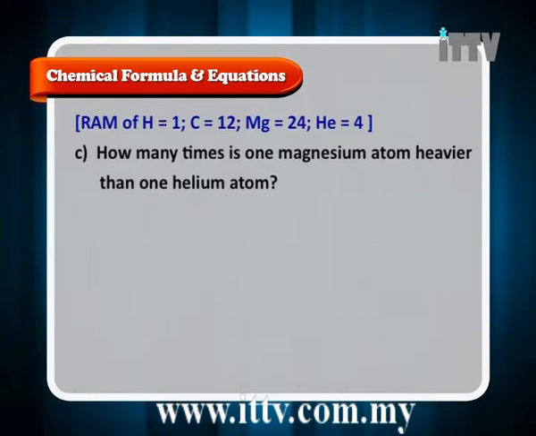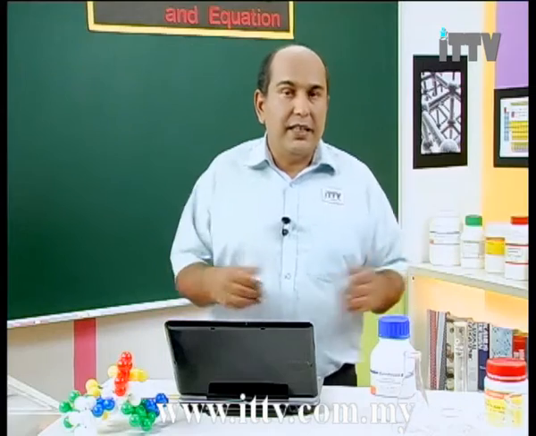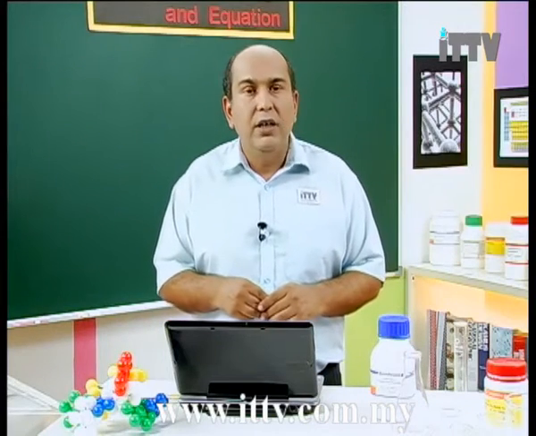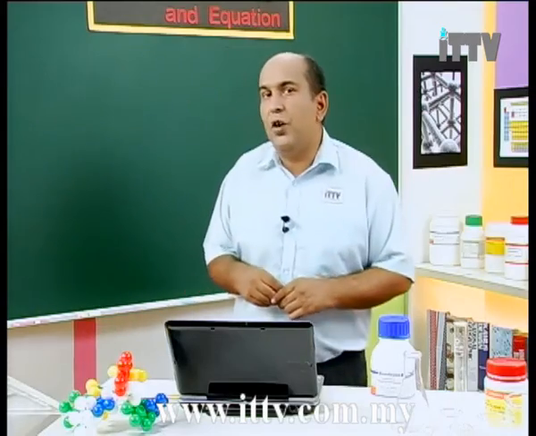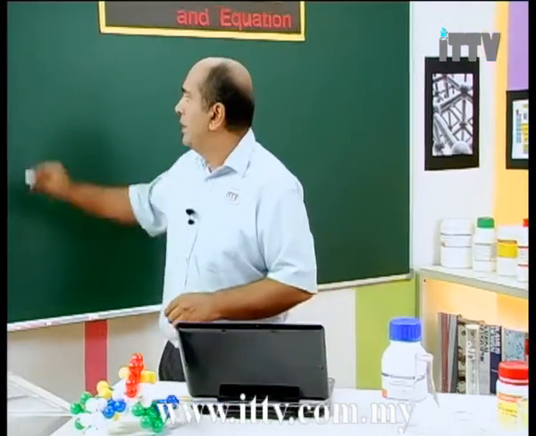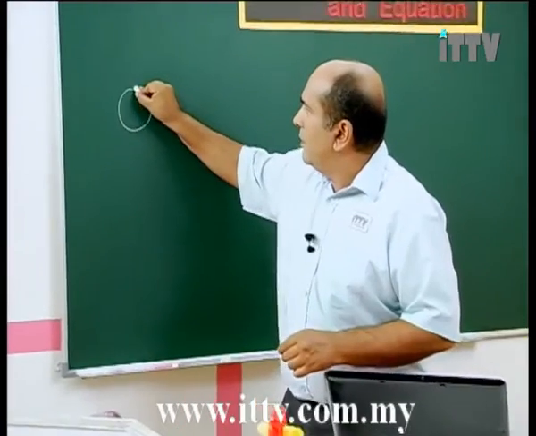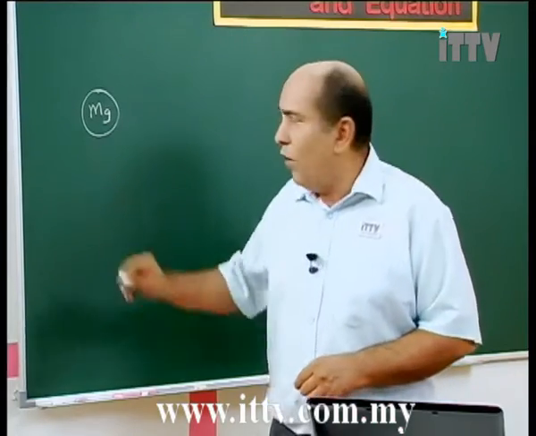How many times is one magnesium atom heavier than one helium atom? Now, magnesium has the mass 24, helium the mass 4. Let's just sketch this on the board and have a look at how to work this out. Remember, magnesium has the mass 24.